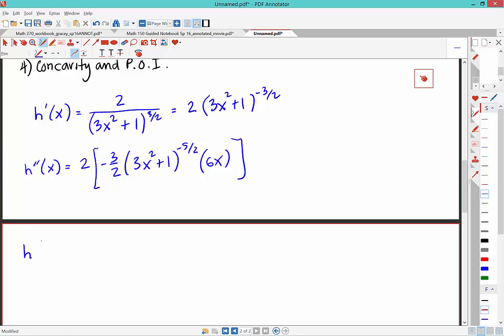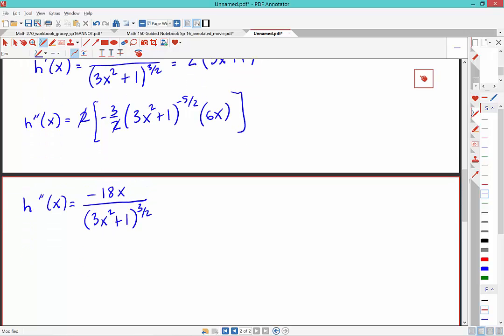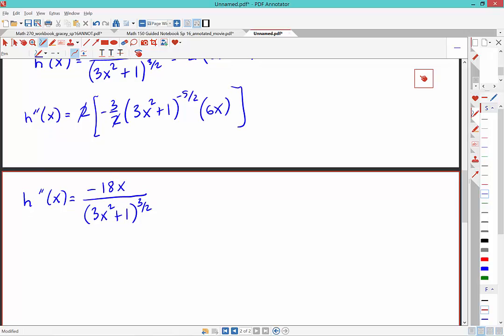So h double prime of x will be equal to, the 2's will divide out here. So I believe we'll get negative 18x over 3x squared plus 1, which is always positive, to the 3 halves. Because you're squaring your x values, multiplying by a positive 3, and increasing it by 1. So that denominator is always positive.